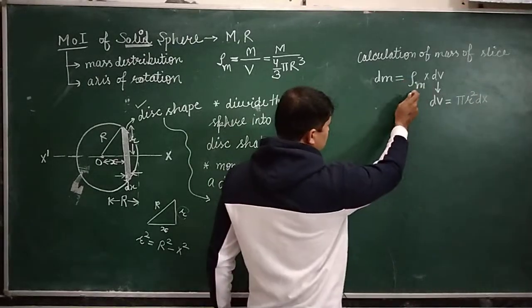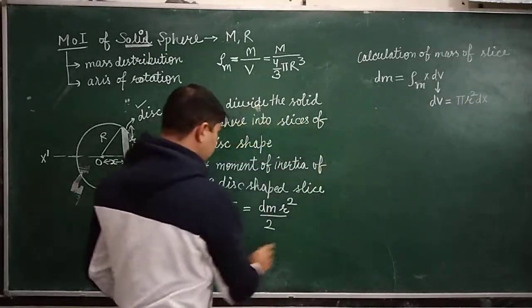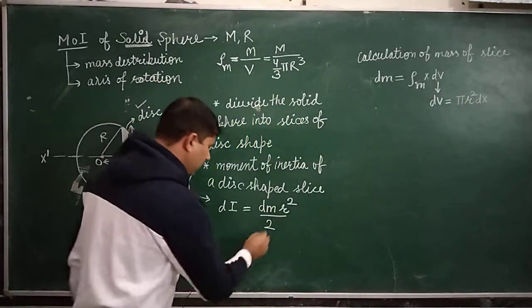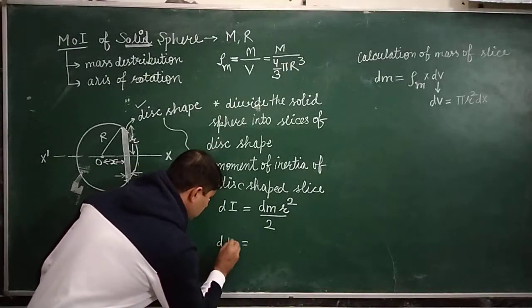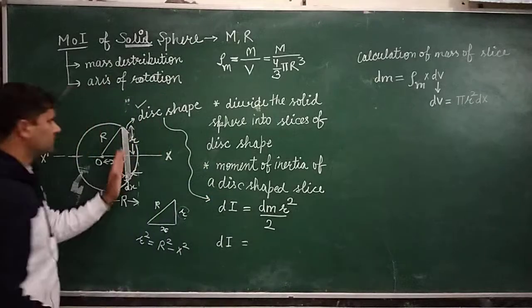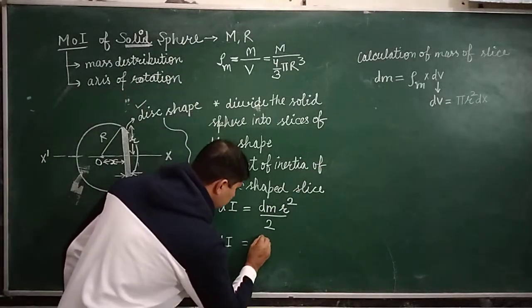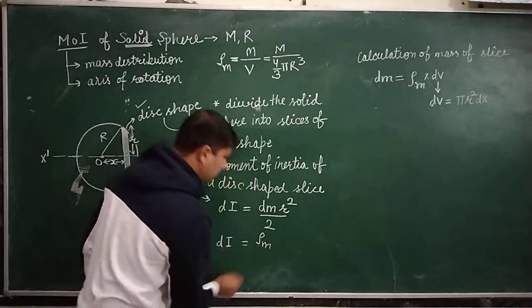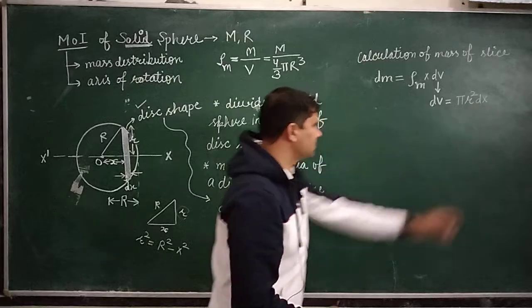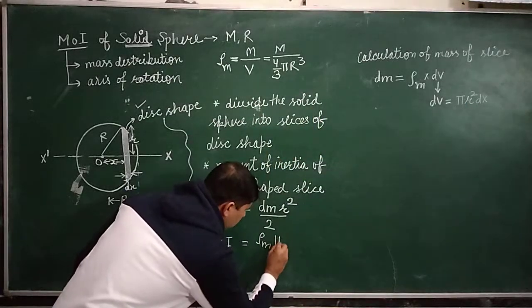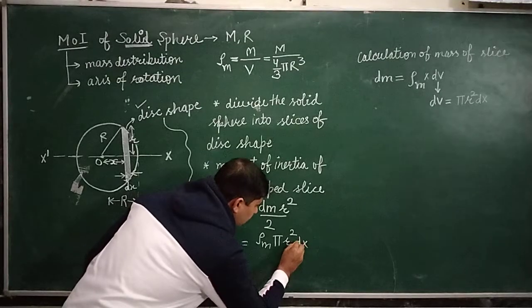If you substitute its value here and the value of dm in this formula, then you will get the moment of inertia of this disc shaped slice. Put the value of dm, which is mass density into dv, and dv is pi r square into dx.